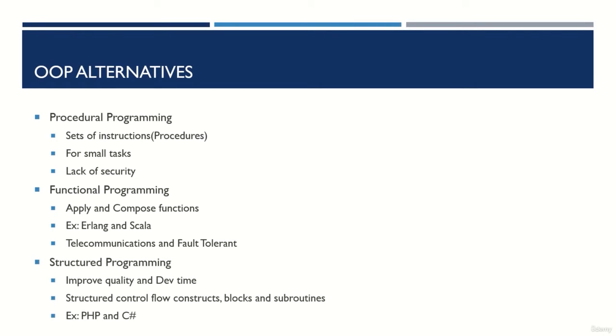The last alternative we have here for object-oriented programming is structured programming. Structured programming is a computer model or a programming paradigm, and it is used to improve the clarity, quality, and development time of a computer program.